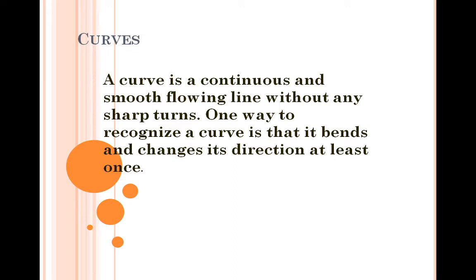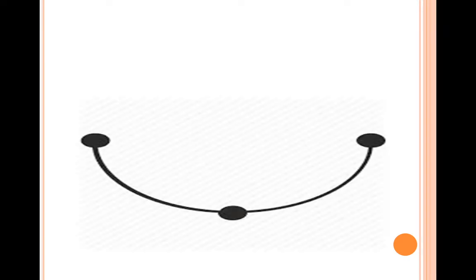It is a continuous smooth flowing line without any sharp turns, but we can recognize the curve because it bends and changes its direction at least once. That means it can make a little bit of an angle. Look at this. This is one type of curve.